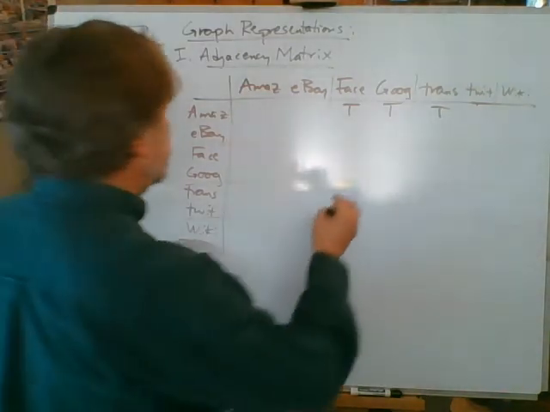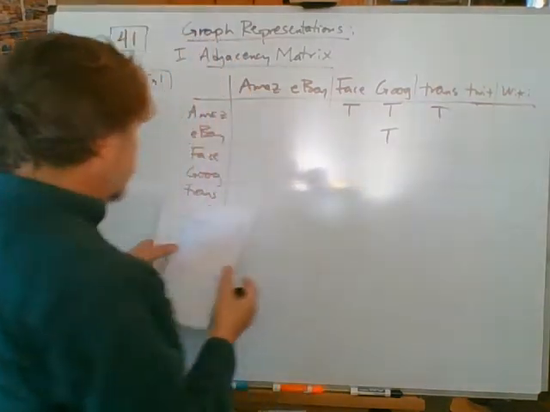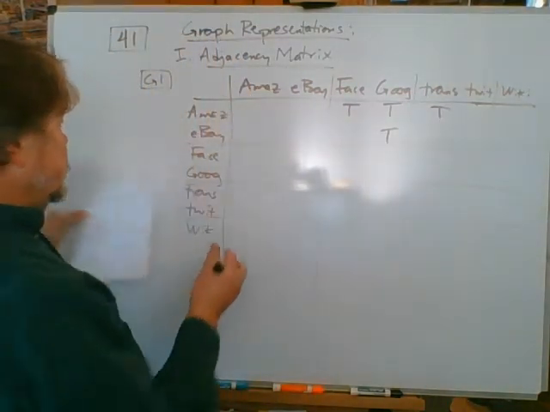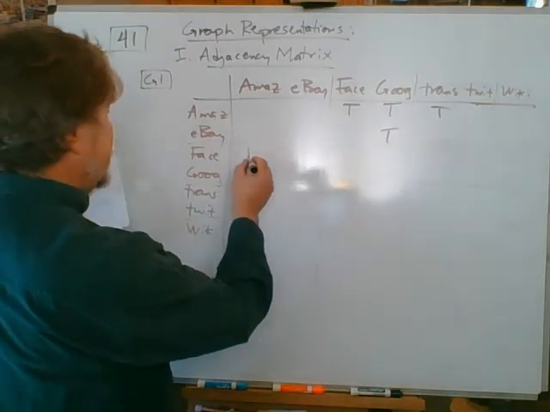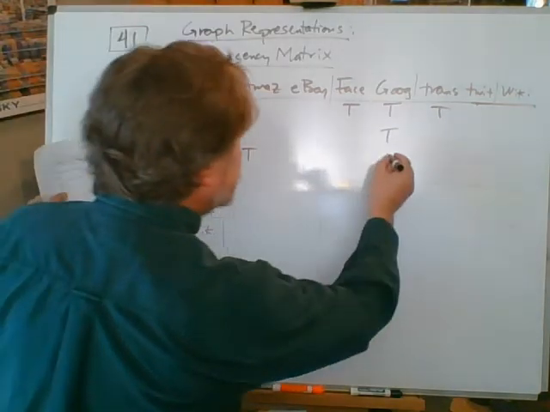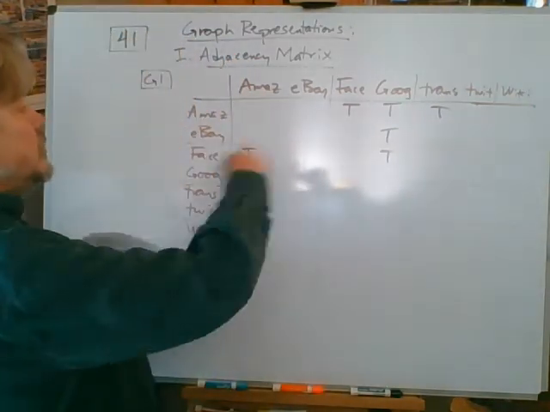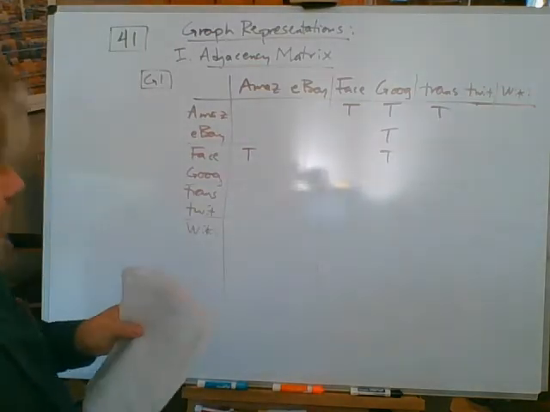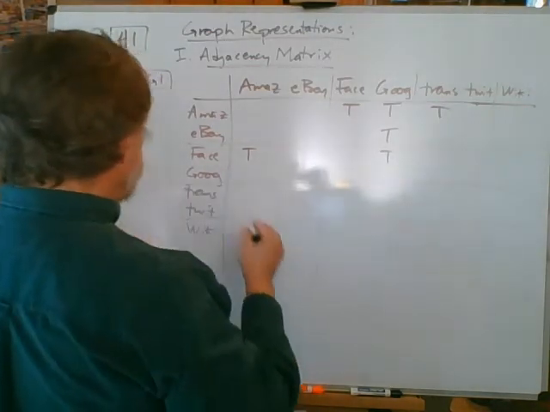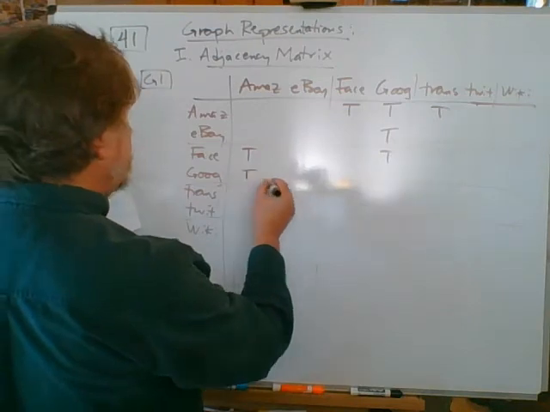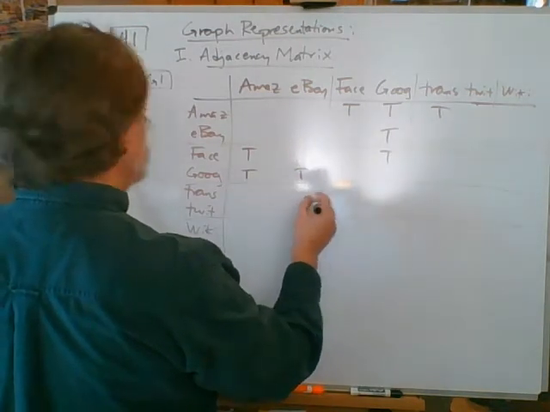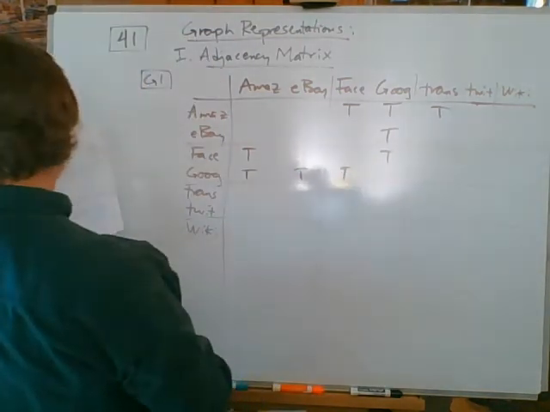eBay is only connected to Google. I'll go back and double check these after I've got them up here. Then Facebook is adjacent to Amazon and Google. See where I'm putting the trues? Everything else is false. True means there does exist a single arc between the two. Google is adjacent to Amazon, eBay, and Facebook, like so.